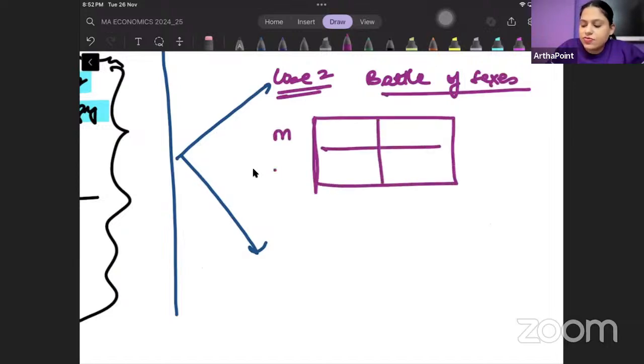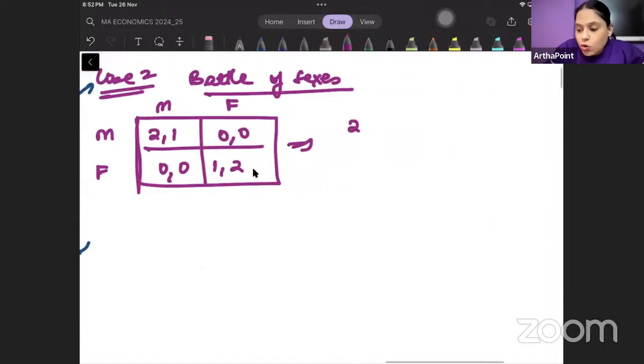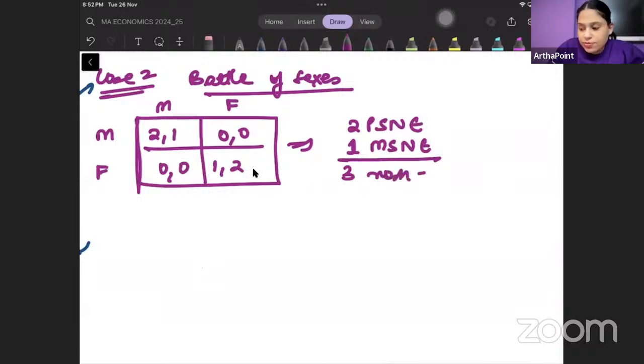Movie, football, 2 1 1 2 0 0 0 0. We saw that there were two pure strategy Nash equilibrium, one mixed strategy Nash equilibrium, टोटल में 3 Nash equilibrium existed.